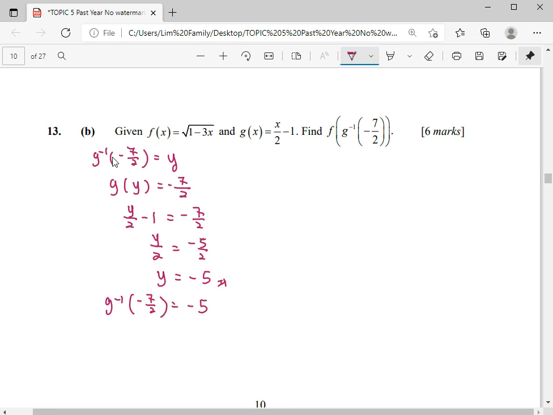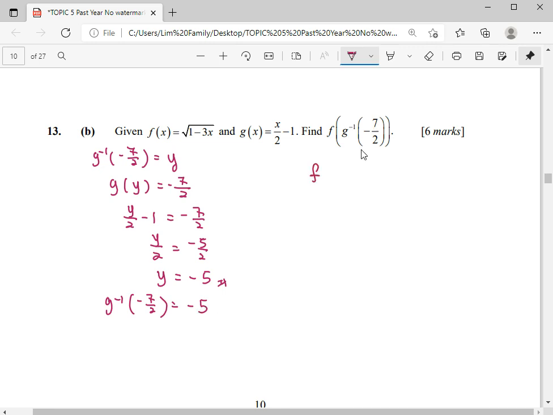So for inverse function, not necessarily every time we need to find g inverse x. It depends on the situation. If the situation wants values, then our answer is also a value. If the situation asks us in terms of x, then our answer is also in terms of x.